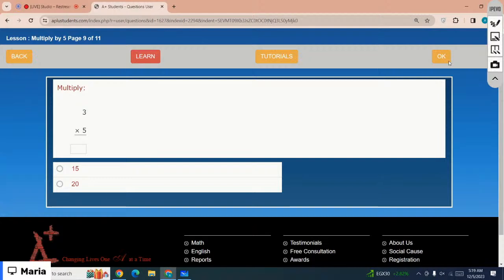The correct option is 15. 3 times 5 is 15.